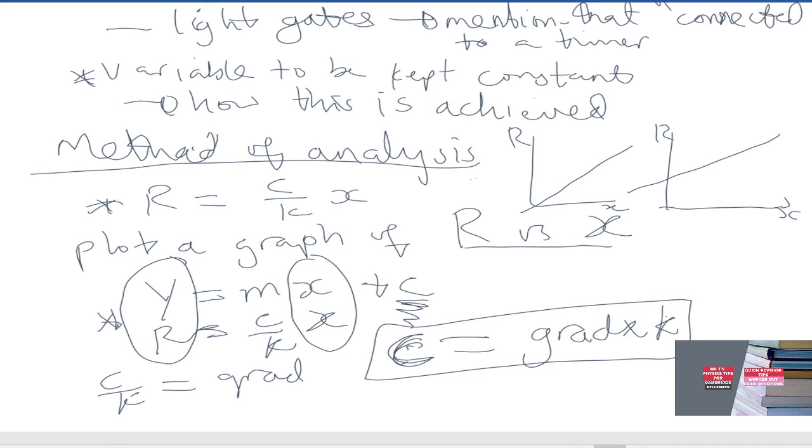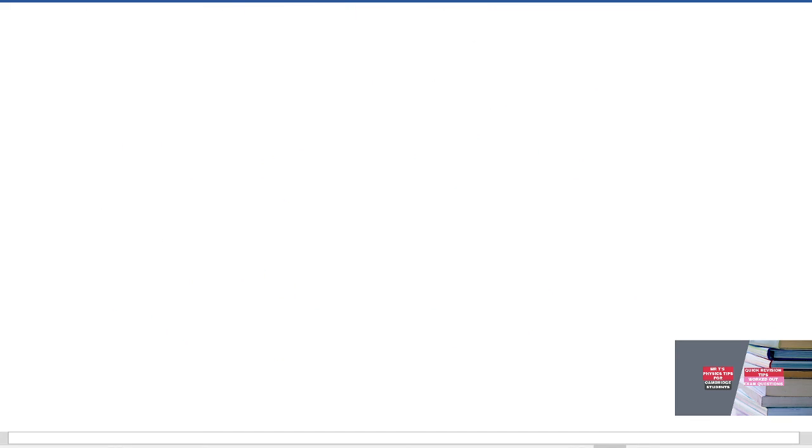Now, it is also important to check the examiner's reports for this particular paper. The examiner's reports give you a concise way that you are supposed to answer this question. Okay, so you find some of the things that I'm mentioning are there in the examiner's reports. So like I said, it is not enough to just mention that y is equal to mx plus c.